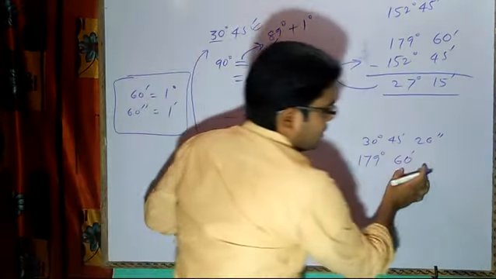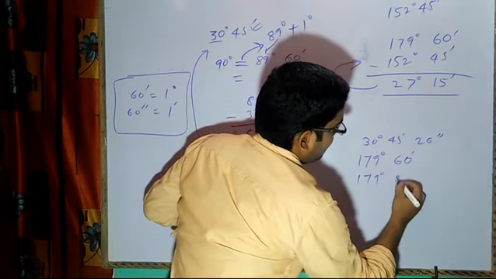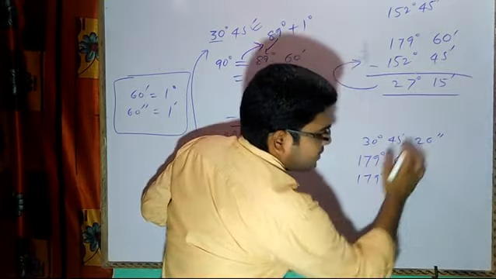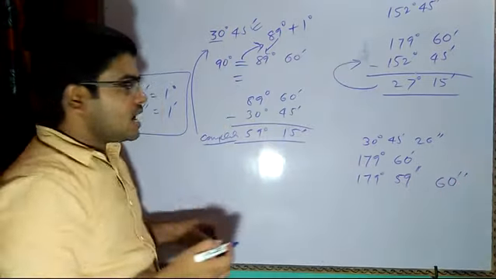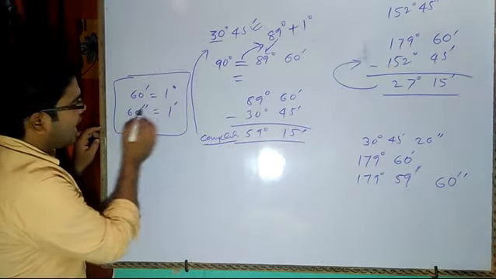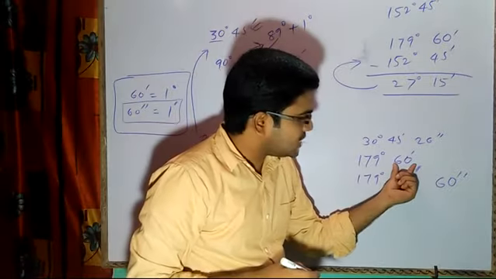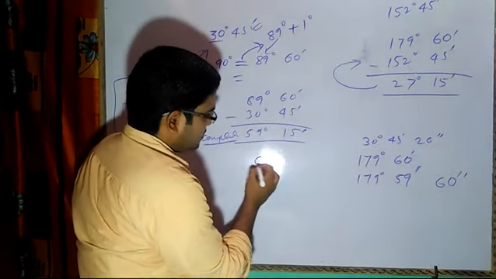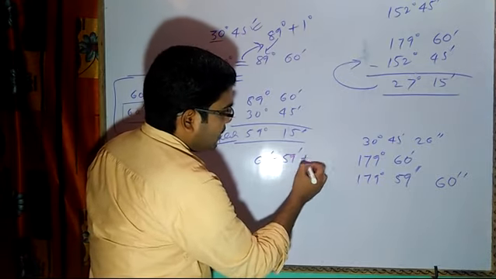Now this 60 minute can also be written as 59 minute, and then 1 minute can be written as 60 second. Did you understand? For 1 minute I can write 60 second. 60 minute can be written as 59 minute plus 1 minute.